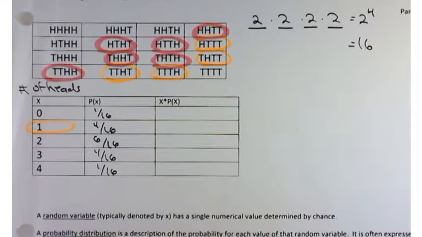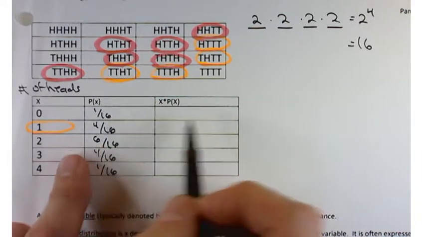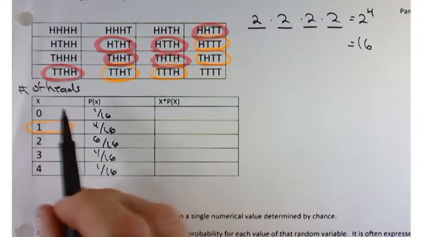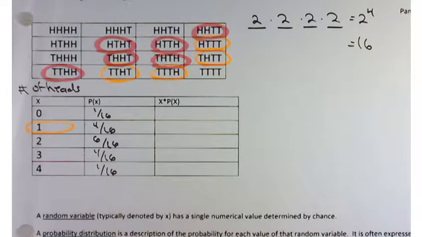So if I wanted to find what happens on average, I could calculate the average the way we did in section 5.2, x times p of x, and sum it up. And what you're going to get is 2.